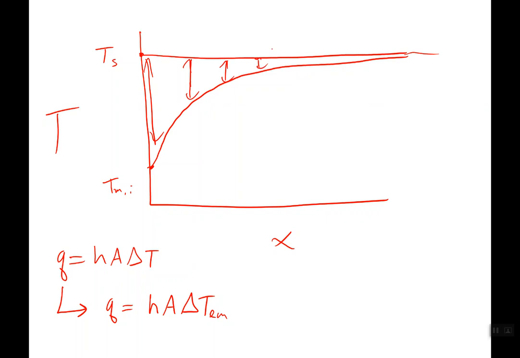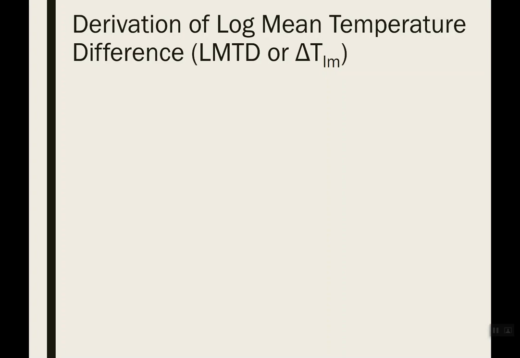So we have to look at what happens from the beginning of the pipe and do some sort of integration to the end of the pipe in order for us to really analyze how much heat is being added over the length of that pipe. So we're going to get into this derivation and help you understand what this log temperature difference actually means.